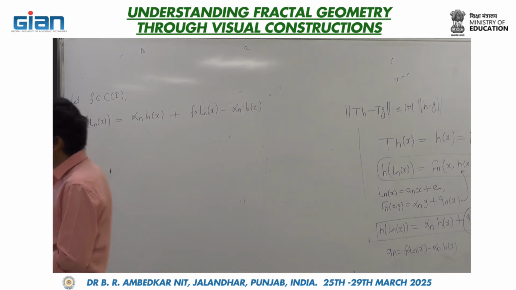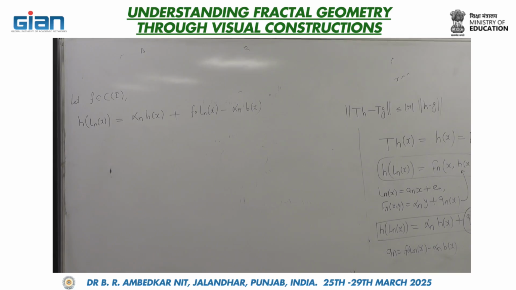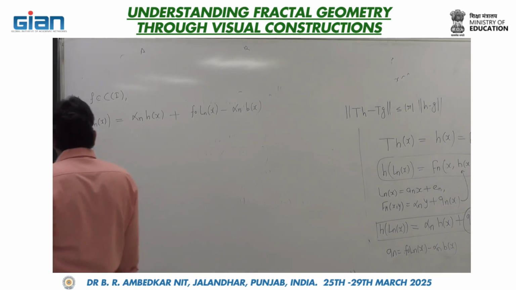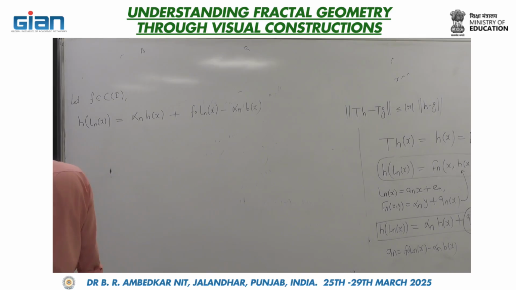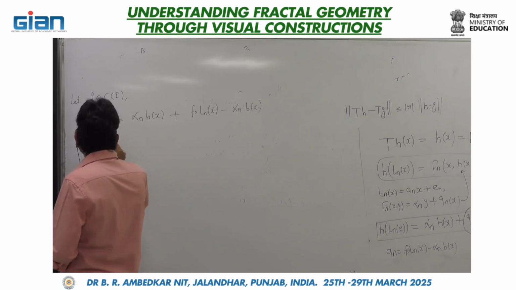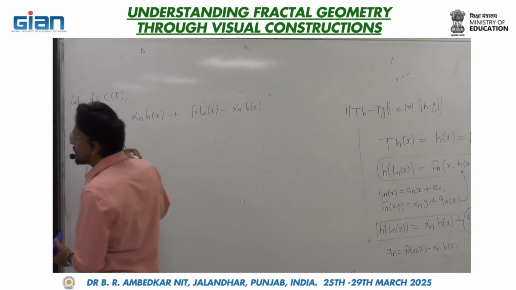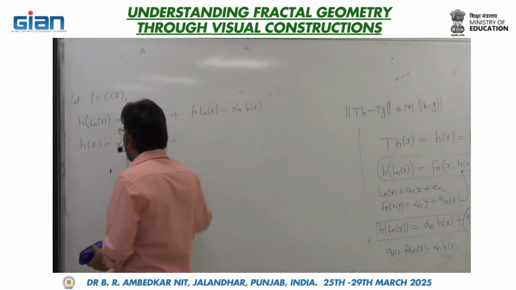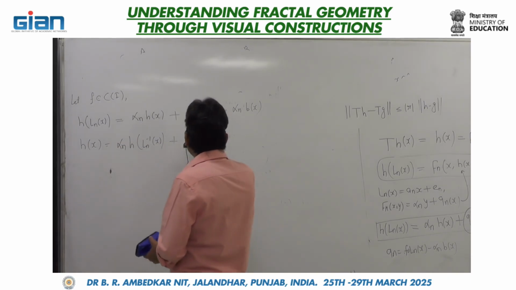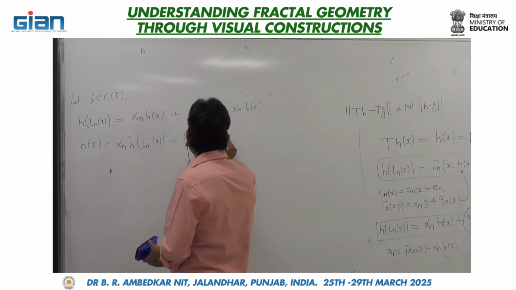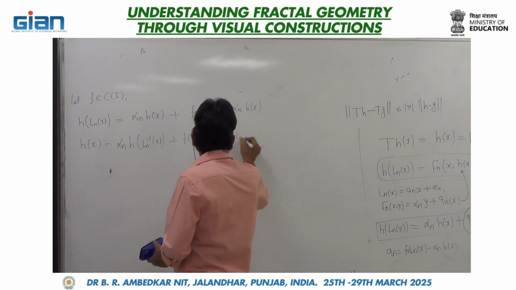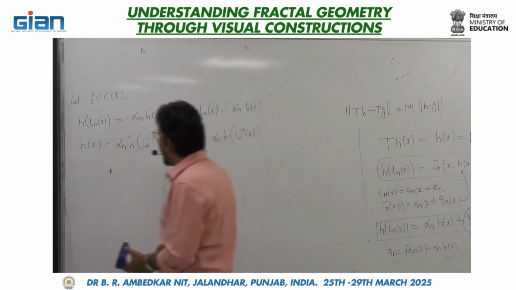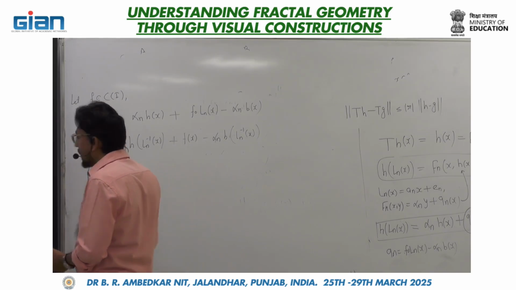Somewhere here I am taking g, and here I am taking h, anywhere. If I replace x by Ln inverse x, then h(x) will be alpha n h(Ln inverse x) plus f(x) minus alpha n b(Ln inverse x). And this I am denoting as f alpha.